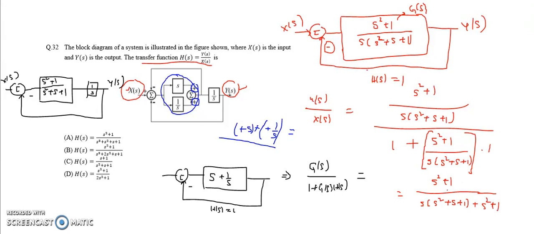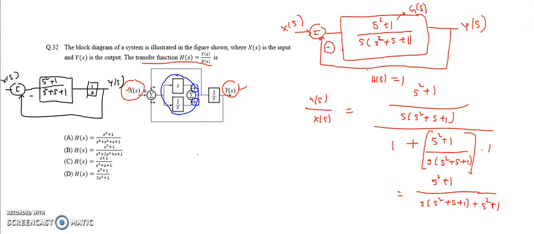If I later on simplify this expression, s square plus 1 divided by, just multiply this s with all these things, then I will get s cube plus s square plus s plus s square plus 1.